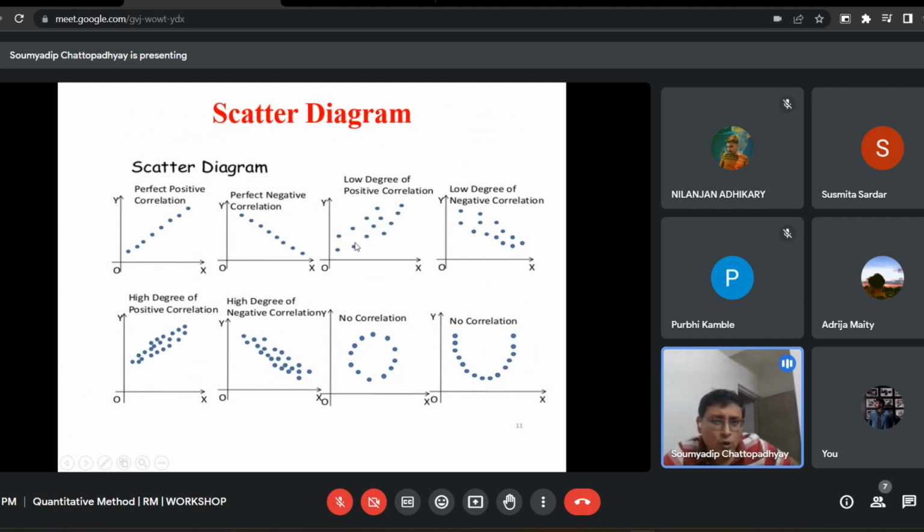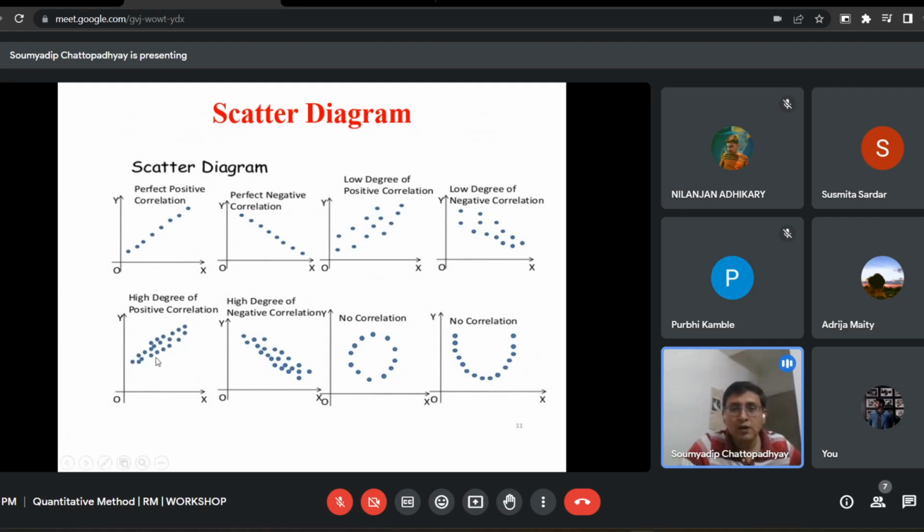Why is this low and why is this higher? Because for this figure you can draw a straight line, but the points are scattered with respect to that straight line. That is why it is representative of a lower degree of positive correlation.